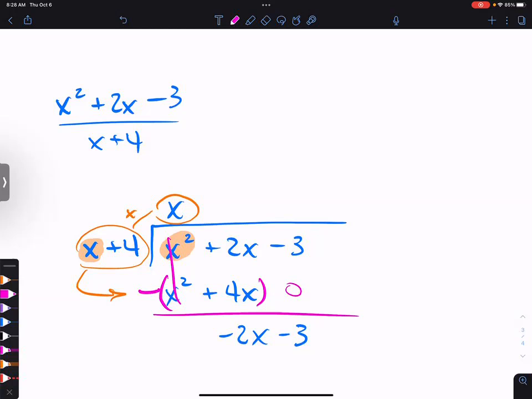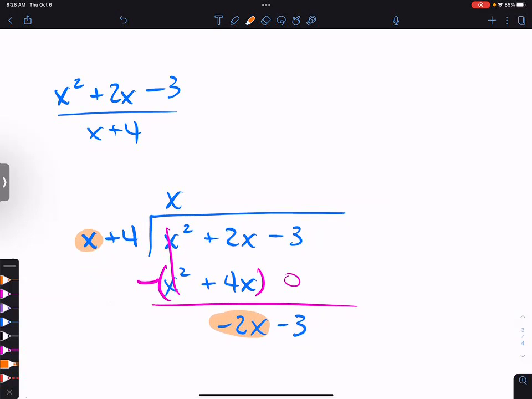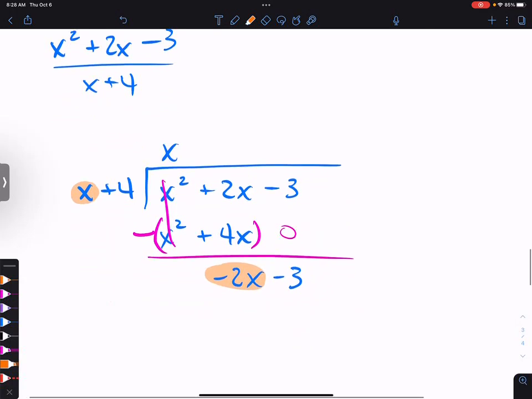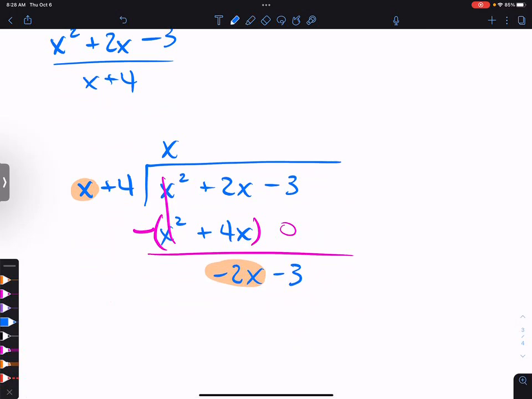Look at this and this and repeat the process. So now I'm looking at how this leading term goes into this leading term. So negative 2x divided by x, or what do I need to multiply this by to get that?